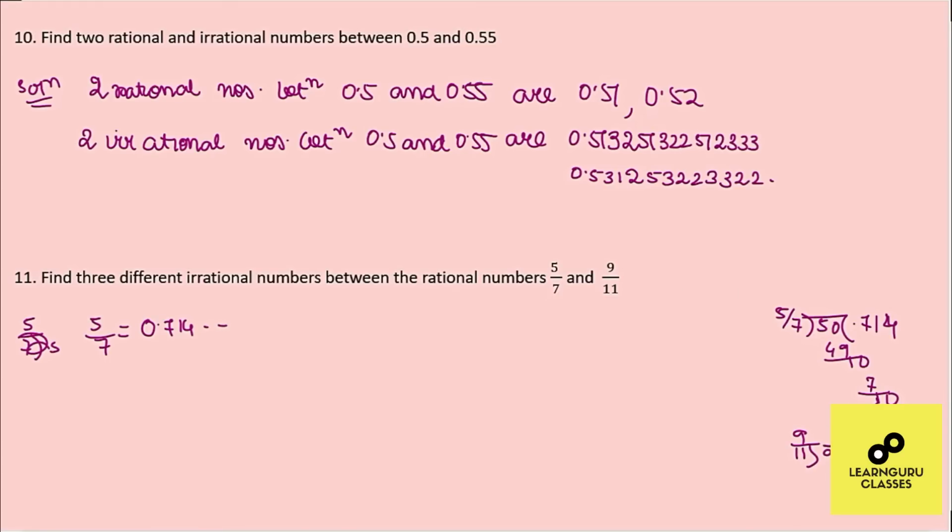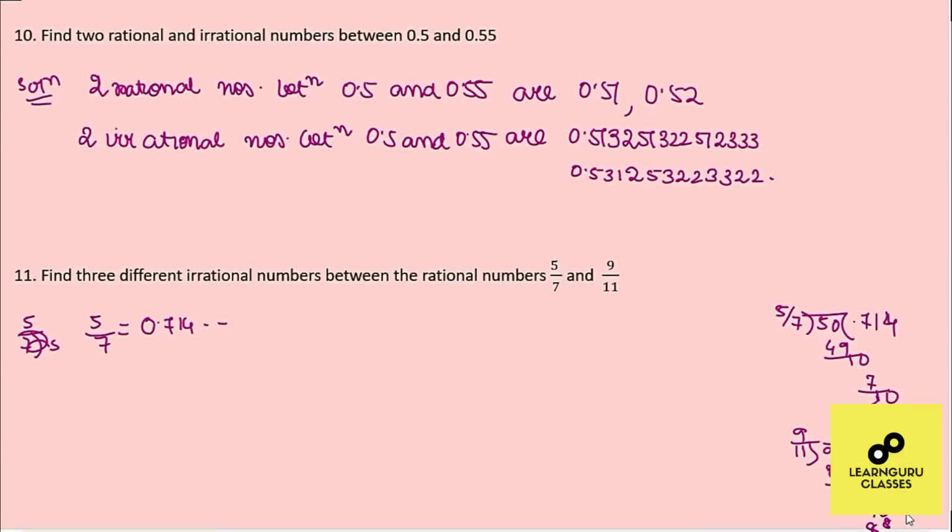1188. 11 ones are 1188. So 0.818. So you have to find the decimal expansion between these two numbers, irrational numbers between these two rational numbers.